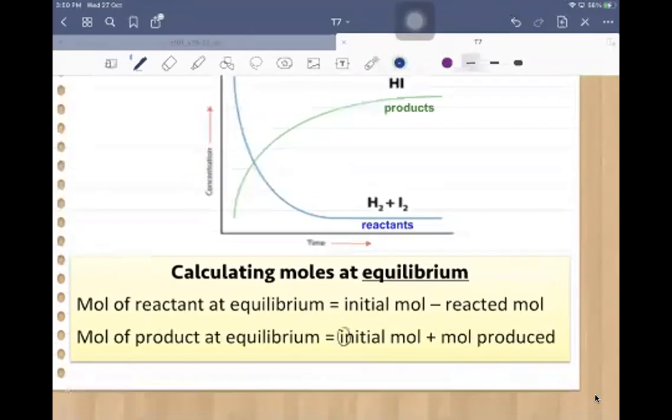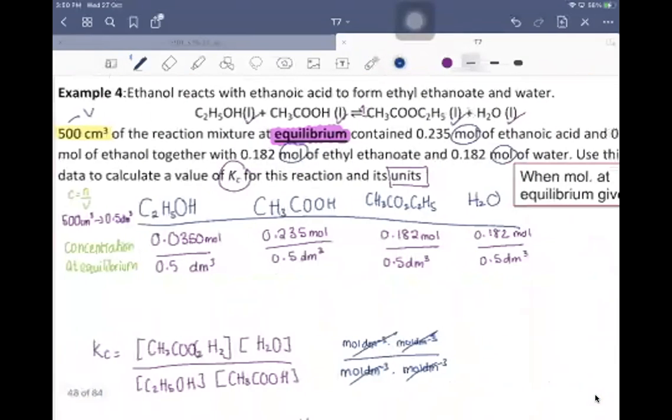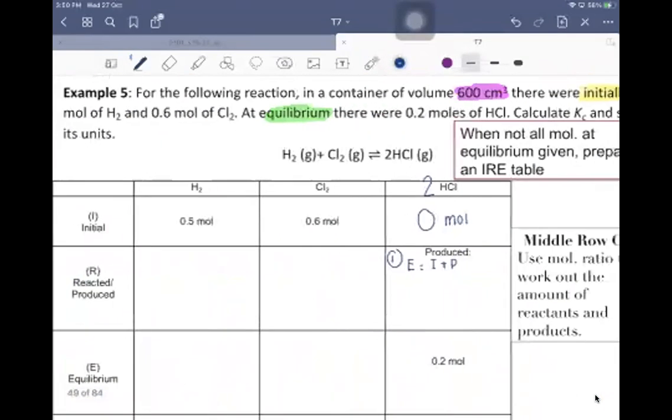I plus P. I'm just going to leave out the mole. You can add it to your table and write down that we are talking about moles. Now from this expression, I know my initial, I know my equilibrium, so I can find P. Equilibrium minus initial.